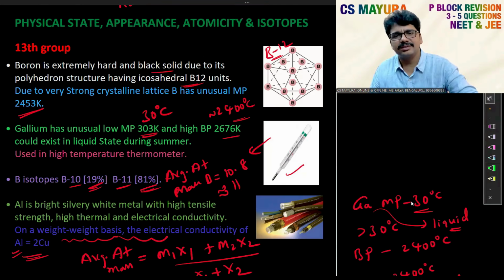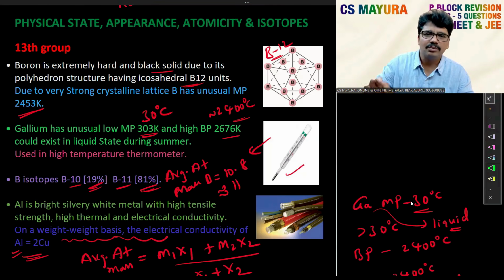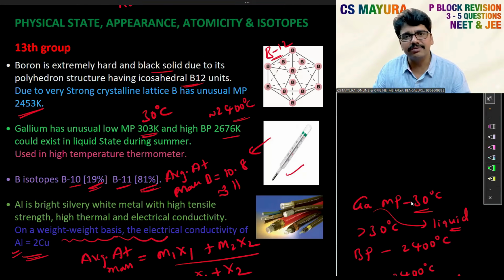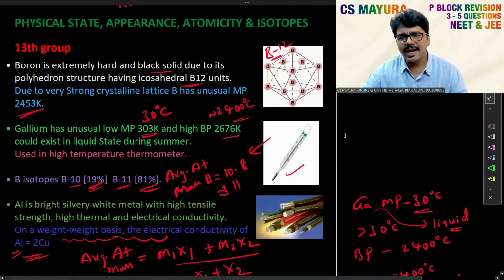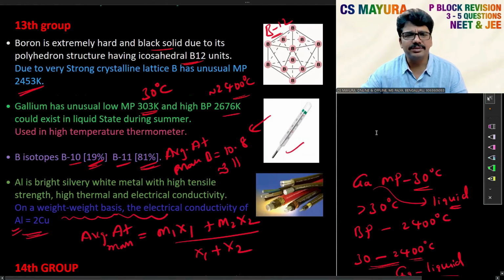Because of this network of covalent bonds, it is very hard in nature. And because of its network crystalline structure, its melting point is very high. Among all boron family elements, the highest boiling point is 2453 kelvins. Next, gallium. Gallium has two interesting points.